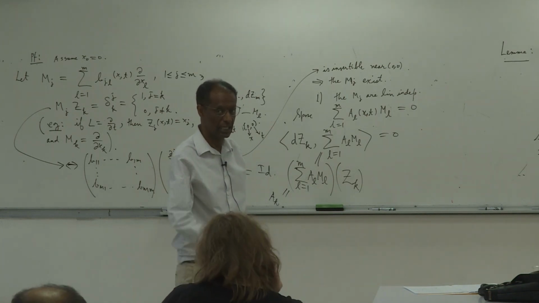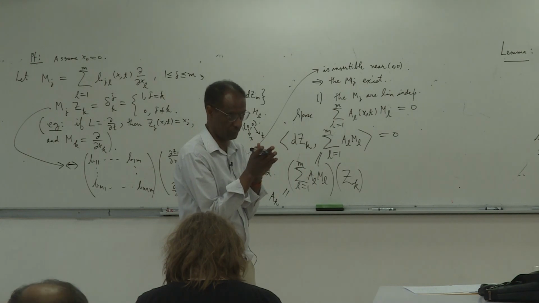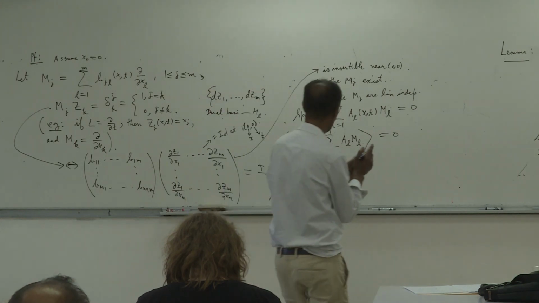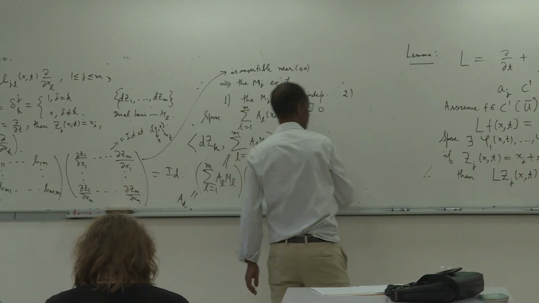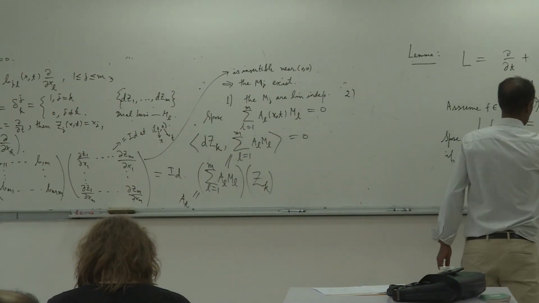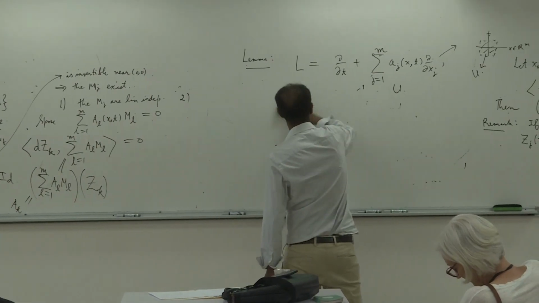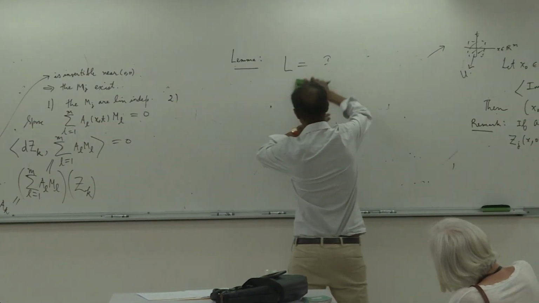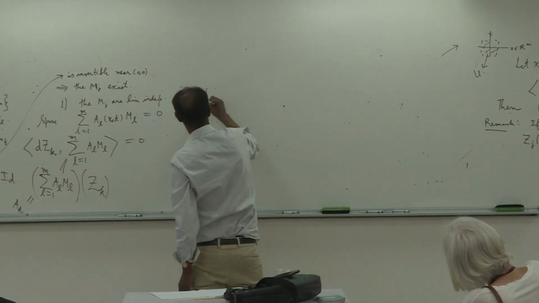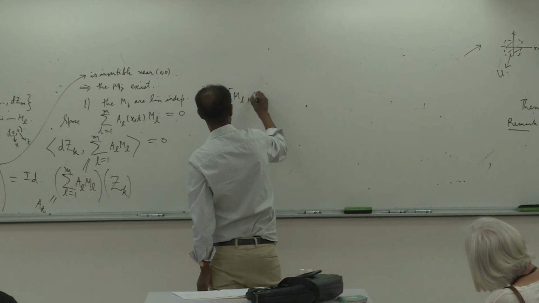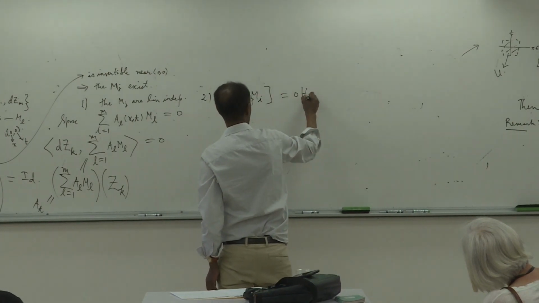Is that clear? Next, let me show you that the Lie brackets between any two of them are 0. Two: the bracket of ml and mi is 0 for all l, i.